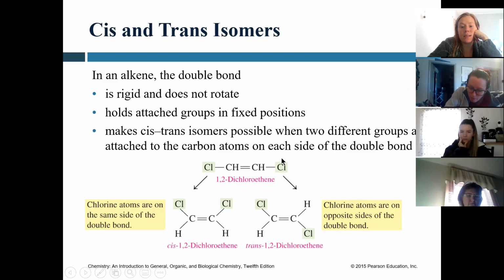So looking at this, if I was to draw 1,2-dichloroethene, which is, I believe, what I had on the whiteboard, you have to ask yourself, is this the cis or is it the trans? You can't see it when it's drawn like this. If it was drawn like this, you would be able to denote whether it's cis or trans. So on this side, same, cis. Opposite will be trans.